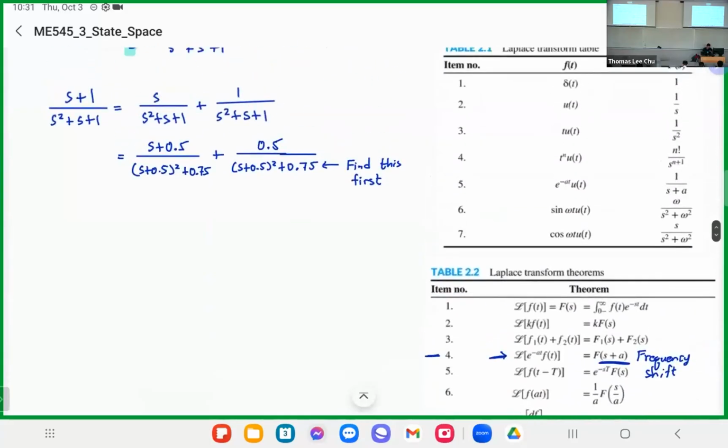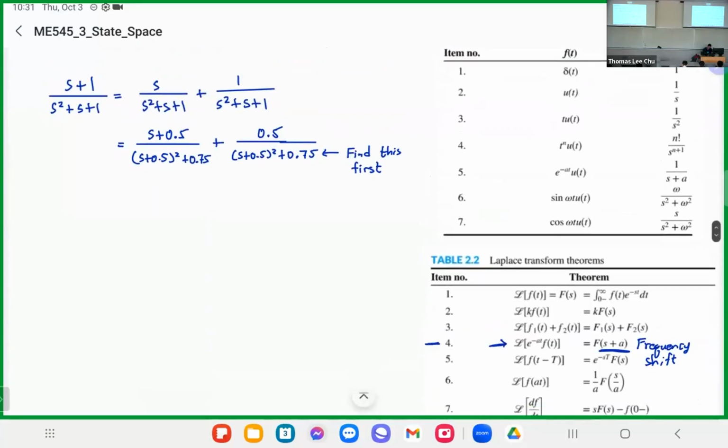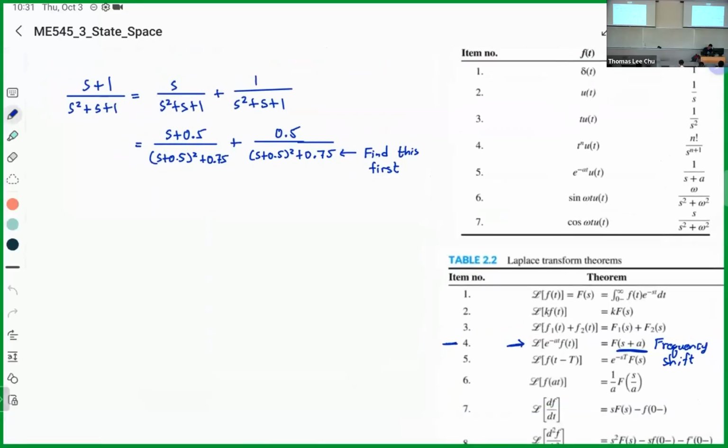The reason I'm doing that is that it might be easier to work backwards.